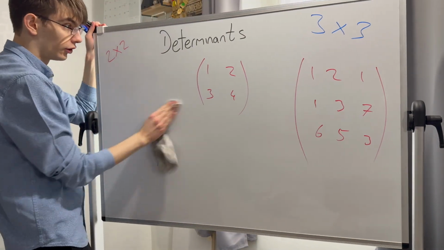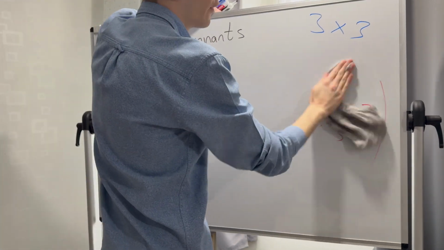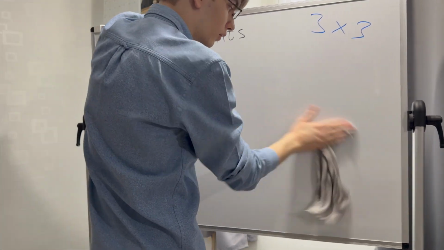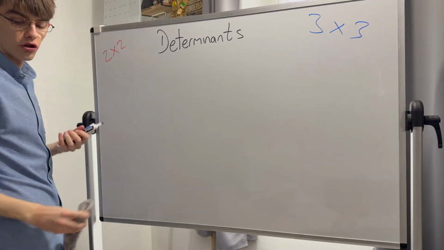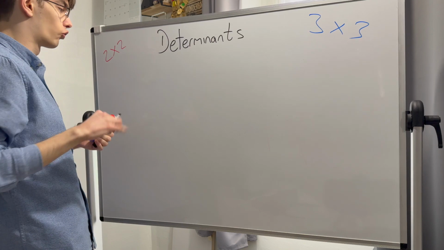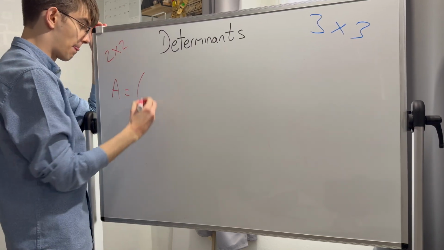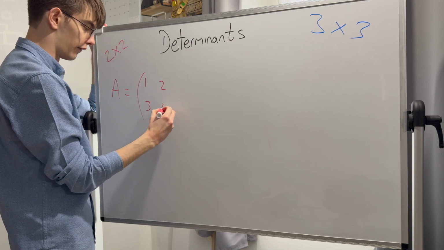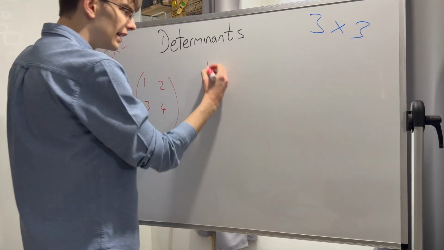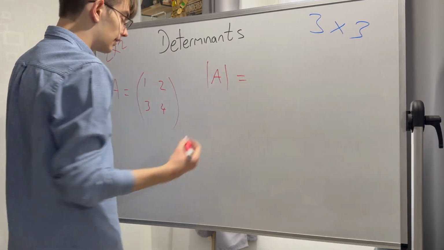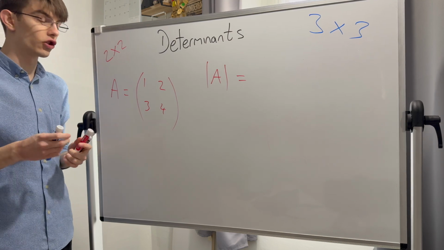2x2s are much easier to work with in general, whether we're finding determinants or inverting or just multiplying. That's true when it comes to determinants as well. So I'm going to define my matrix A as 1, 2, 3, 4. Nice, simple. In order to find the determinant of A, I need to do essentially 2 things.